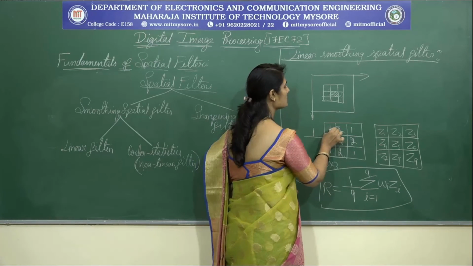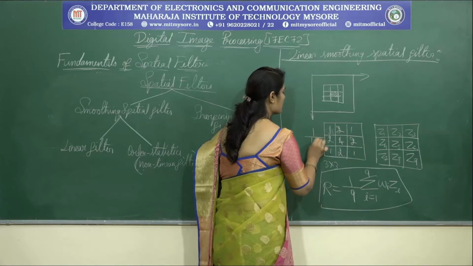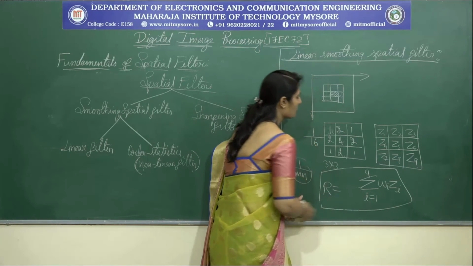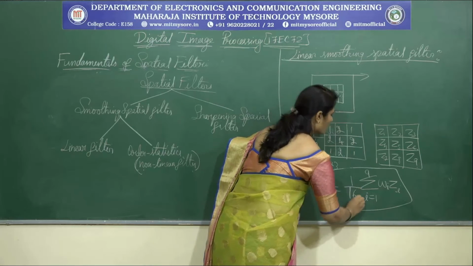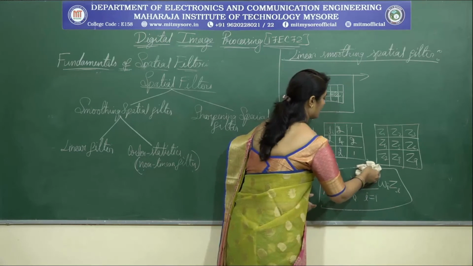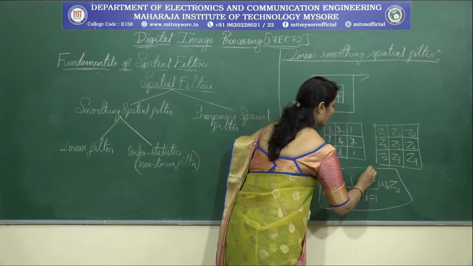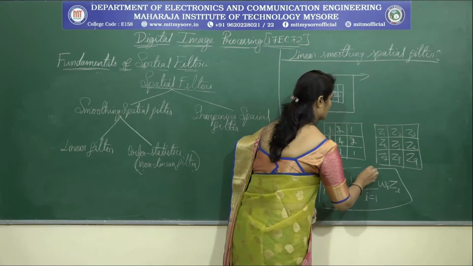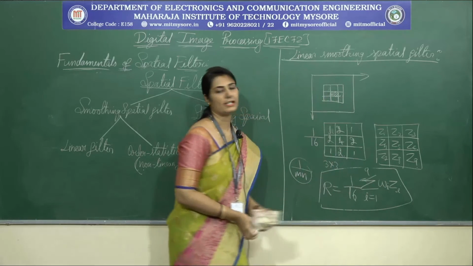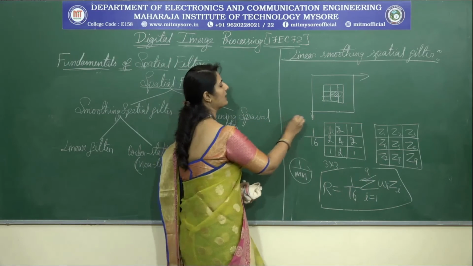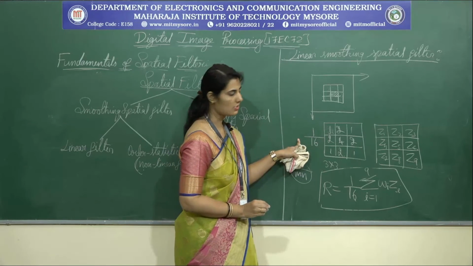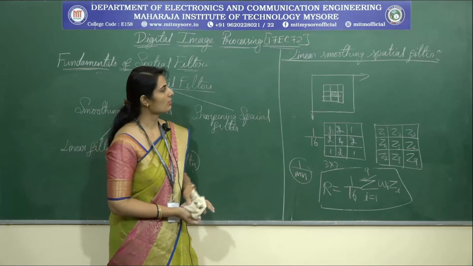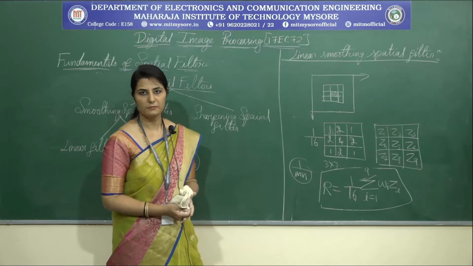Summing all these values results in 16. So the response of this filter can be written as 1 by 16 summation i equals 1 to 9 Wi into Zi. This is the weighted average linear smoothing spatial filter, and the previous one I discussed is the averaging linear smoothing spatial filter.